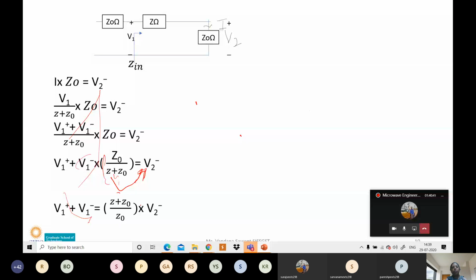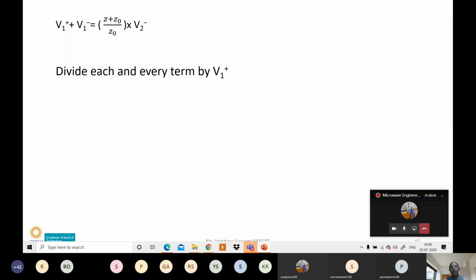All of you got till this point? Okay. Now this is our equation. Now we will divide each and every term of this equation by V1 plus. So what will be my equation?